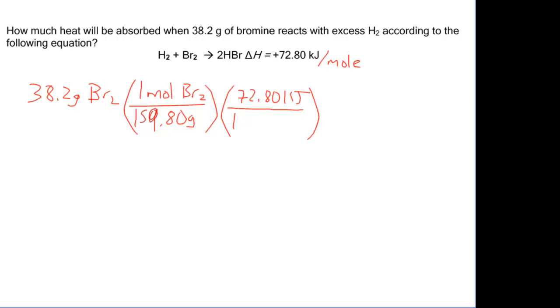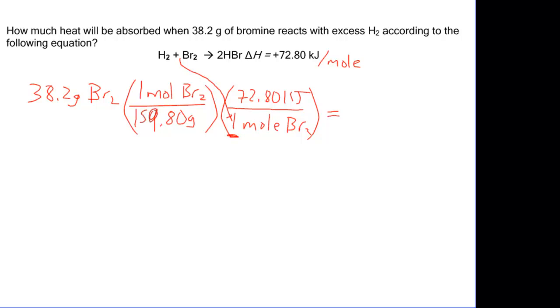And we have, in this case, 1 mole, and we're going to use bromine, because that's what we solved for earlier. Since the coefficient of bromine is 1, that's where we get this 1. If we'd been doing HBr instead of bromine, we would have used 2 moles in the bottom half where this 1 was when solving the problem.